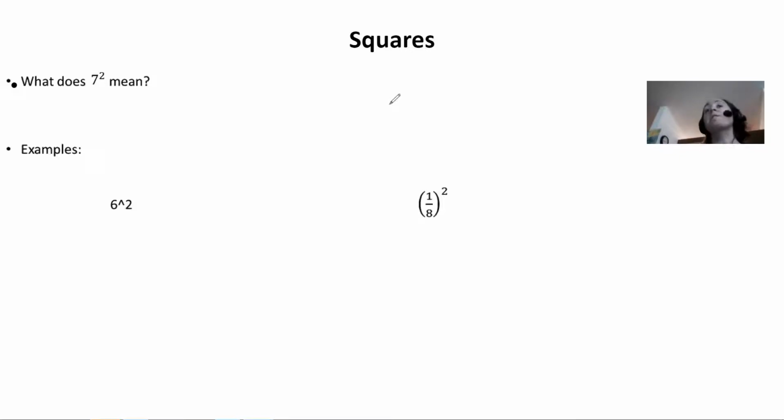So I'm coming to you to talk a little bit about squares and stuff. When you square something, that is the same as multiplying it by itself. So 7 squared is the same as 7 times 7, which is 49. Notice that we don't write the x.